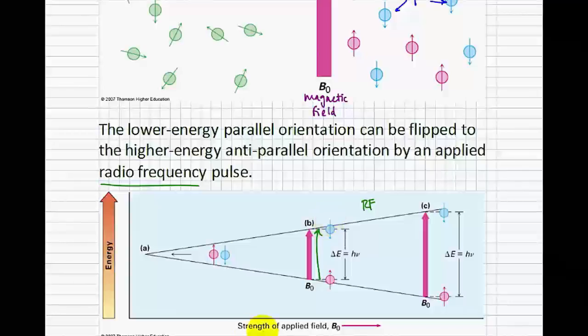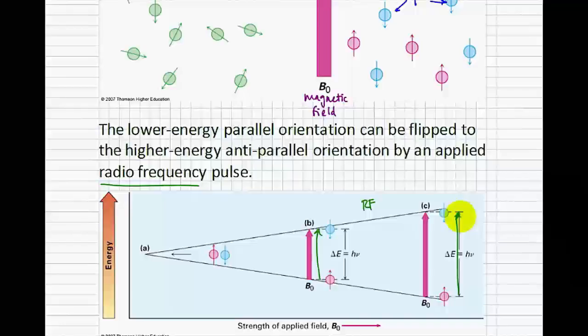And if I have a stronger applied field, so if I have my sample in a stronger magnet, for instance, it requires a larger amount of energy to excite those nuclei into the slightly less favorable spin direction. So there's a radio frequency electromagnetic radiation absorbance that can happen.